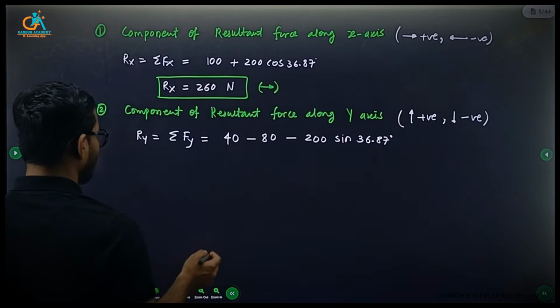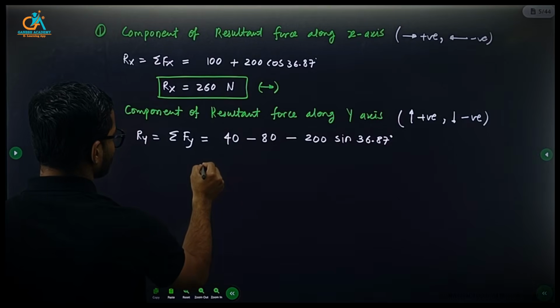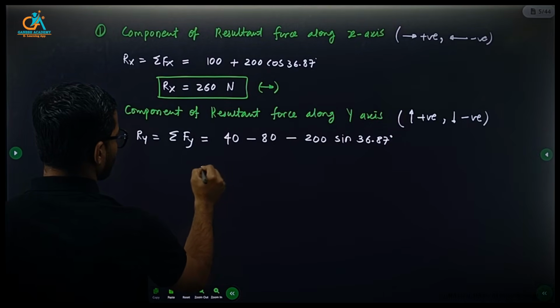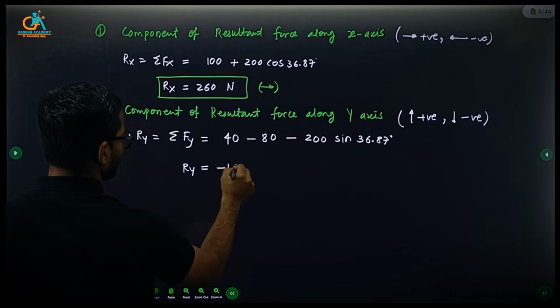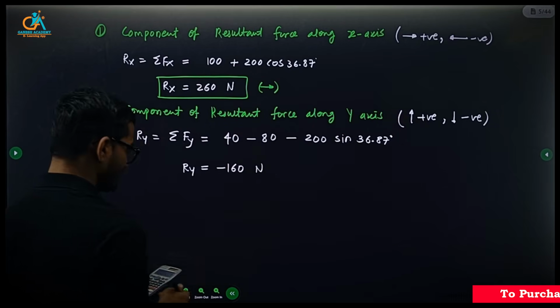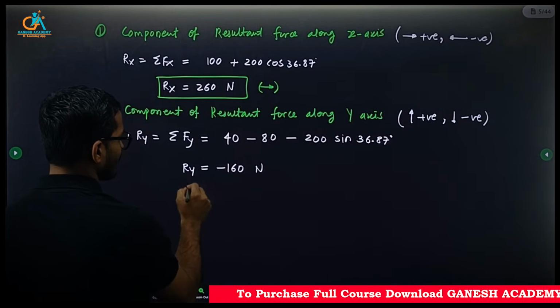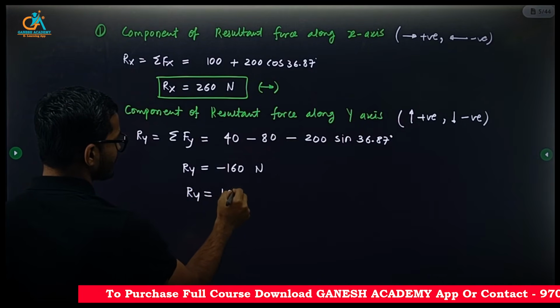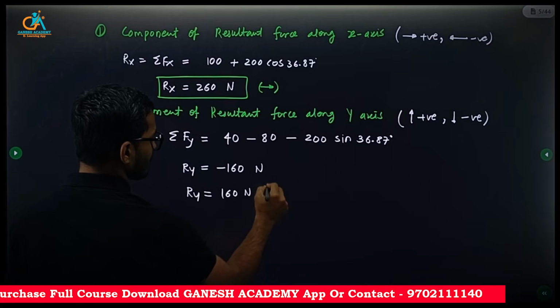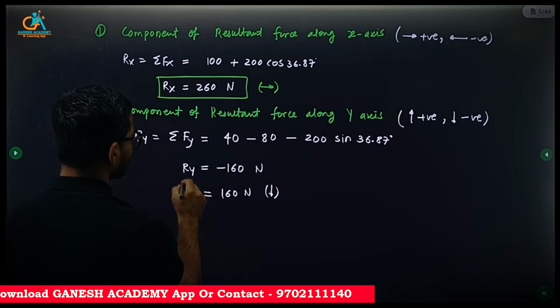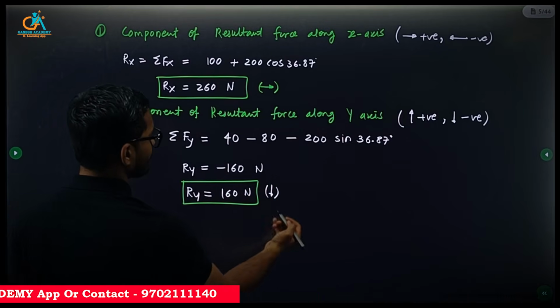So here it is minus 160. And the minus sign indicates that the y component of the resultant is acting in the downward direction.